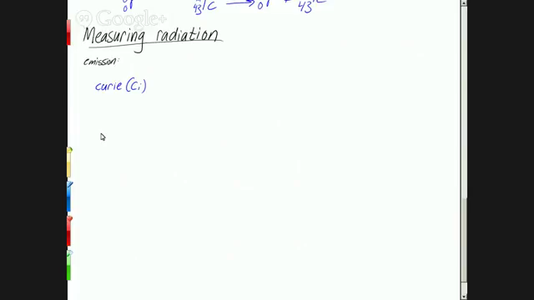A curie is actually a pretty substantial amount of radiation, and it's defined as the disintegrations per second of 1 gram of the element radium. That number is actually 3.7 times 10 to the 10th.